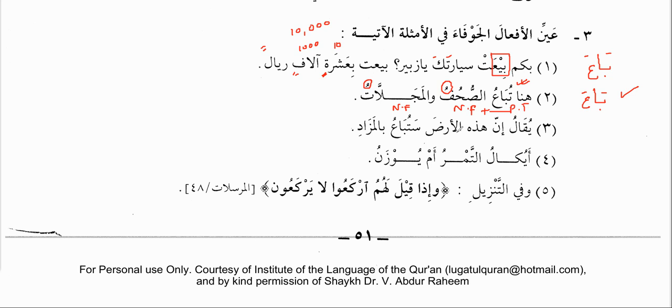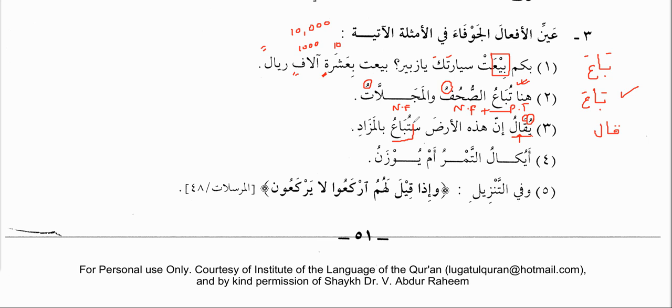يقال إن هذه الأرض ستباع بالمزاد. So yuqalu, we have a fail coming from qala, and this is the present tense majhul. As you can say, fail mudare having a dhamma, then the qaf having a fatha because of this long alif. Inna hazihil arda satuba'u.